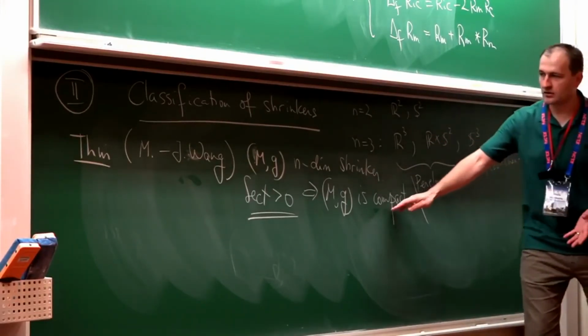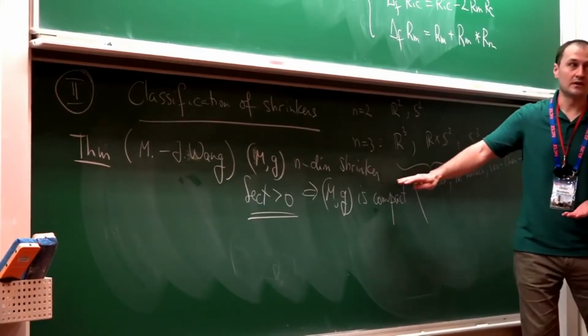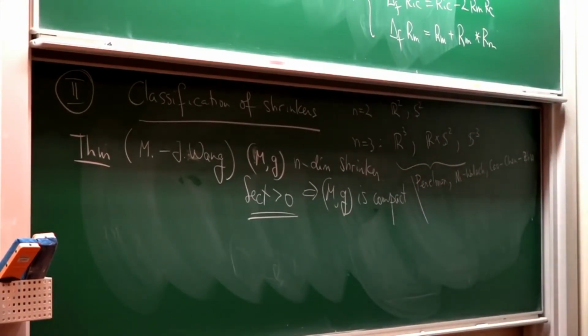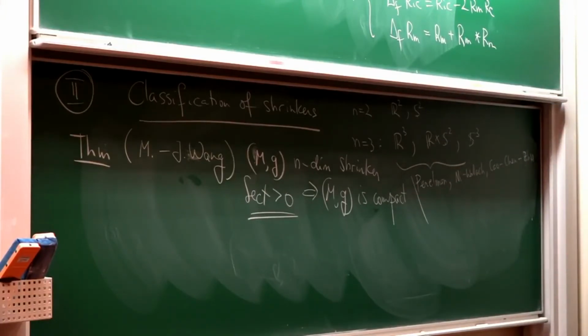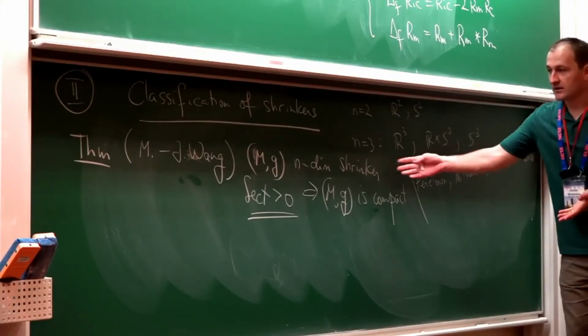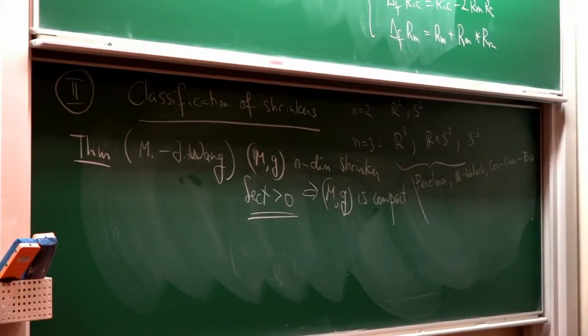So actually, this statement implies the classification in dimension 3. This is much stronger. Actually, this is what Perelman proved in dimension 3: that if sectional curvature is positive and bounded and kappa non-collapsed. We only need sectional curvature positive. Actually, boundedness is not necessary in our argument. But we do it in any dimension. We don't do it with his approach. His approach is very specific to dimension 3. Even in dimension 4, that doesn't work. It's already hopeless.